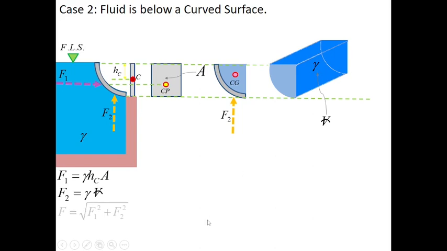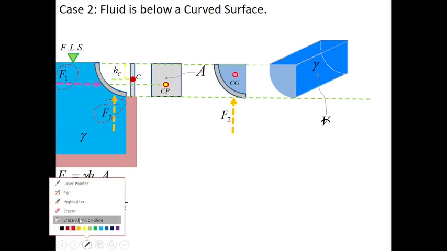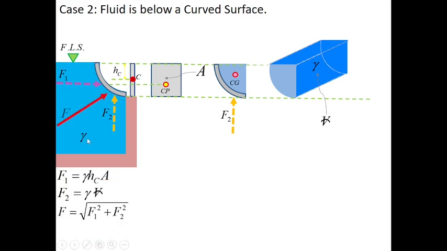So F is equal to, since meron na tayong F1 and F2, we consider the square root of F1 squared plus F2 squared. So ito yung ating F. Next, we consider the angle between F1 and F, theta, where theta can be obtained by taking our tangent F2 over F1. F2 over F1.